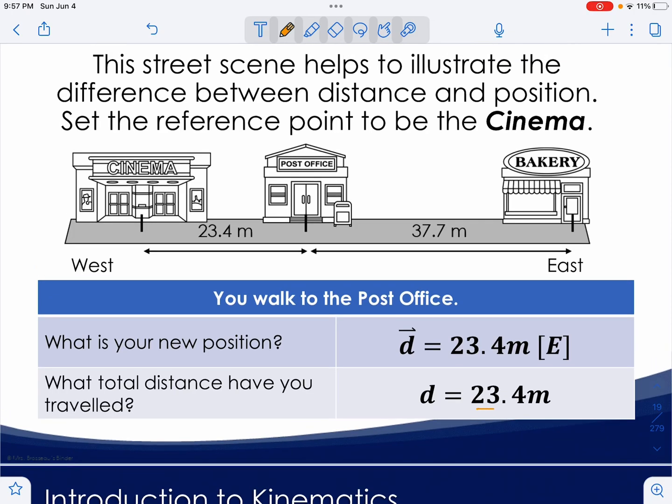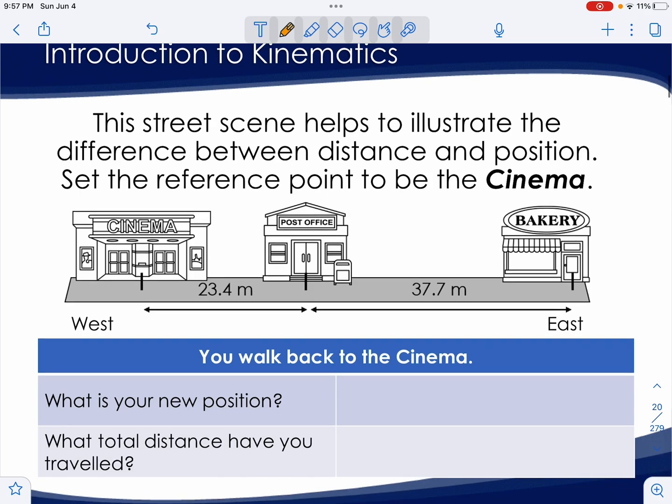It also is 23.4 meters, but you can see that it does not have a direction. So here the magnitudes are the same, but the position, which is a vector, has a direction, and the distance does not have a direction because it's a scalar quantity.